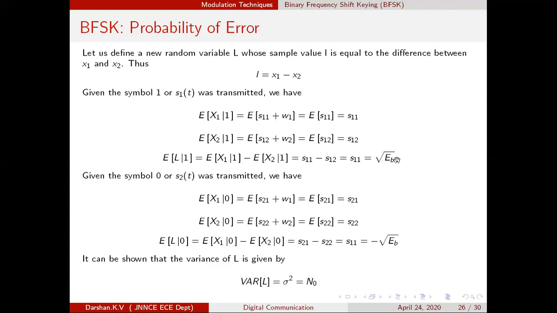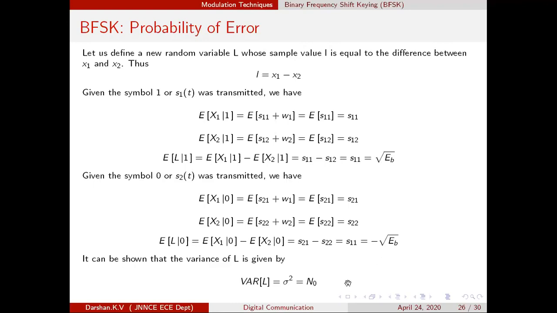What I suggest is you can directly write this statement. It is very easy to remember. Given the symbol 1 has been transmitted, you can directly write E of L given 1 is equal to root EB. Under symbol 0 transmission, the mean of L is minus root EB. Once you practice, that will come to you.